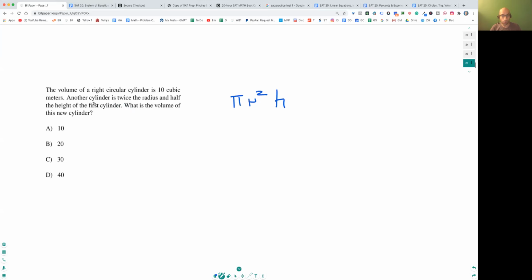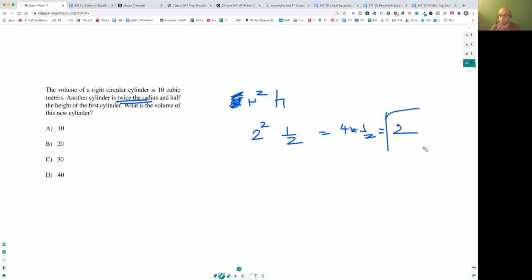You can ignore the constants, the pi, and all you have to do is use twice the radius, squared. Wherever you have r, put 2, and wherever you have h, put half. So your answer is 4 times half, which is 2.